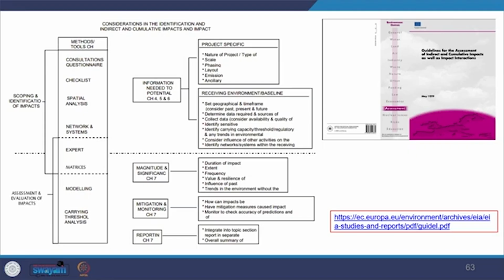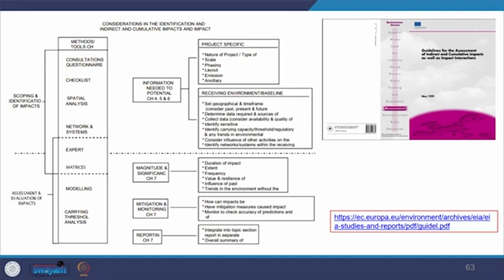And then based on this, what kind of information would be required? You would need project-specific information, like what's the nature of the project, what's the scale of the project, phasing, layout, emissions, ancillary, and then you would also need the receiving environment baseline.